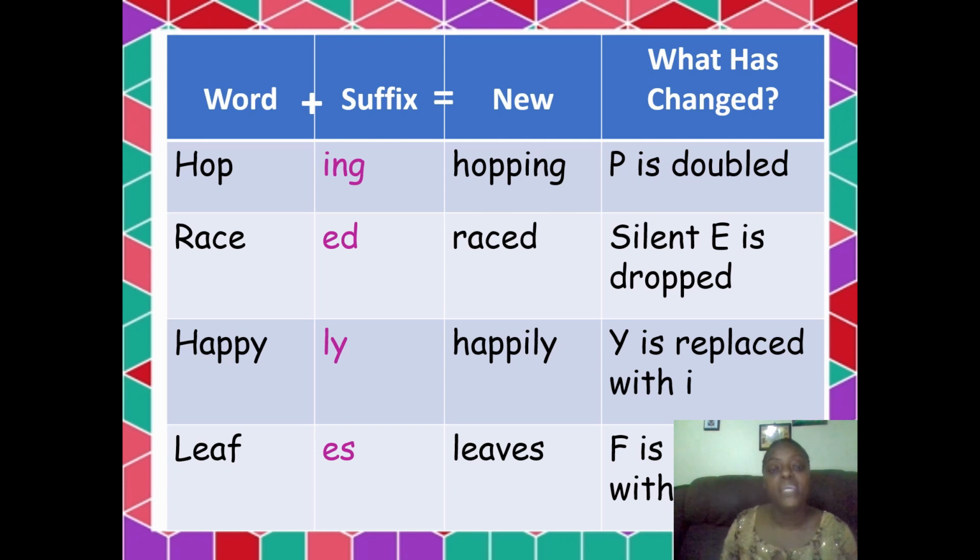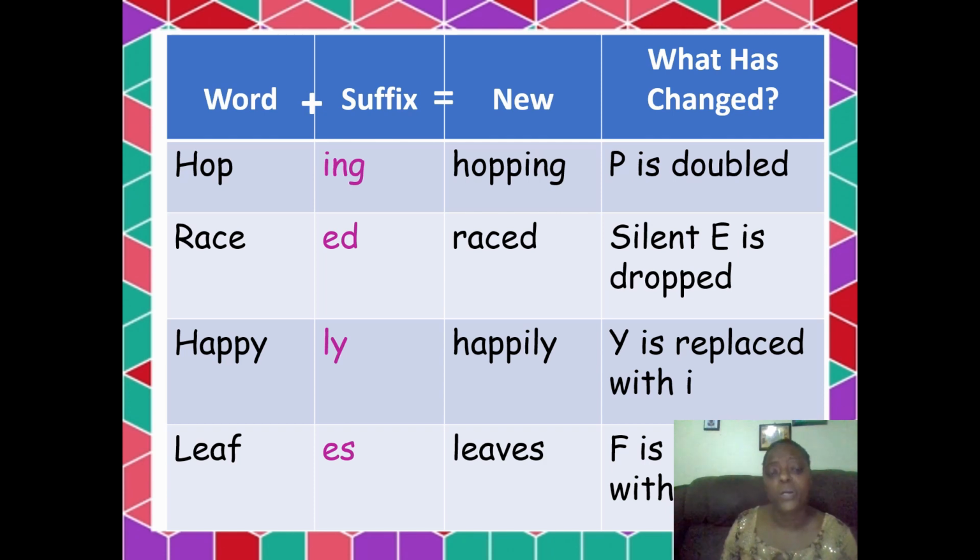So what we need to do is, some persons say drop the E to add the ED. Others say just add D. But here and there, we know that we would have to do something to let the final E not be there, because it would not be the same sound with the double E's.